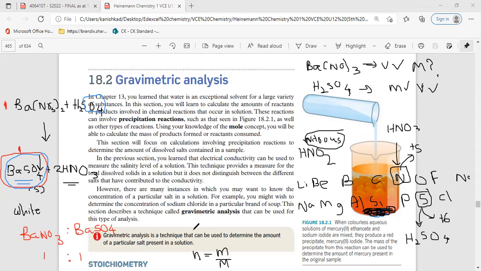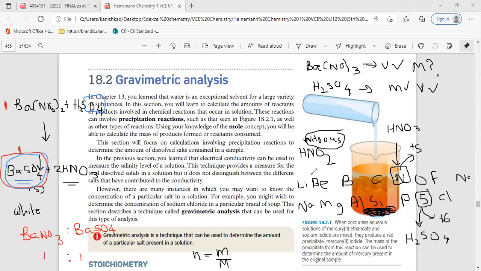That means to form that amount of barium sulfate, equal moles of barium nitrate should react. Now we know the moles of barium nitrate.